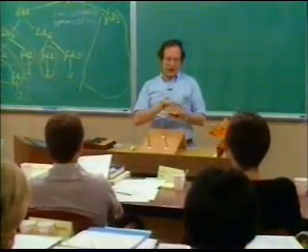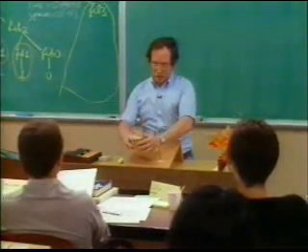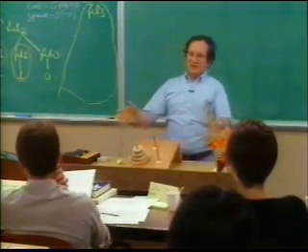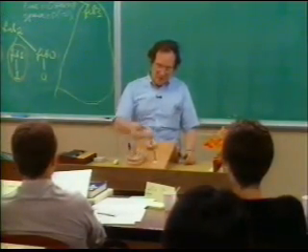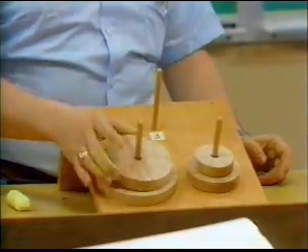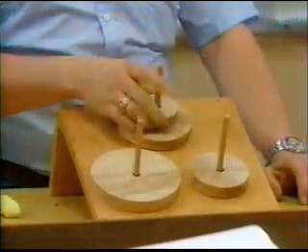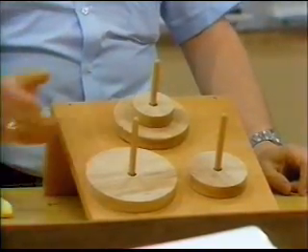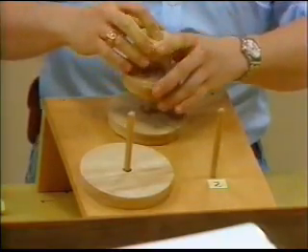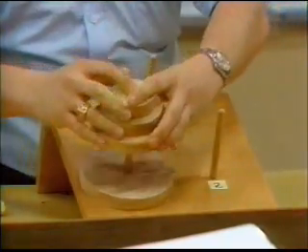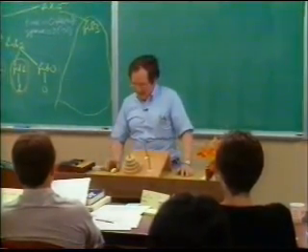I have a bunch of disks, I have a bunch of spikes, and it's rumored that somewhere in the Orient there is a 64-high tower, and the job of various monks is to move these disks in some complicated pattern. So eventually I move all of the disks from one spike to the other. If it's 64 high, it's going to take 2 to the 64th moves, which is a long time. The claim is that the universe ends when this is done.